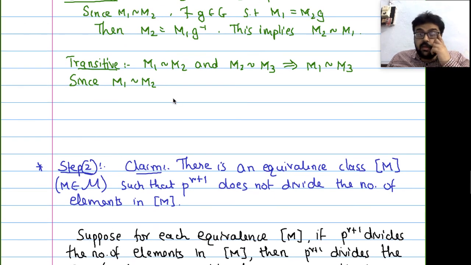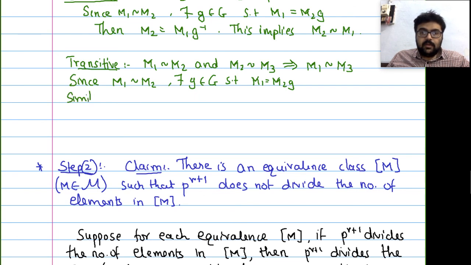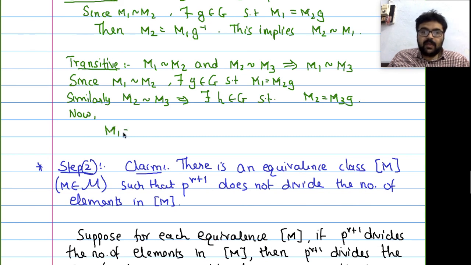Okay, so since M1 is related to M2, there exists G in G such that M1 equals M2G. Similarly, M2 is related to M3 implies there exists, let us say, H in G such that M2 equals M3H. Right. So now, what is M1? M1 equals M2G, but M2 is M3H.